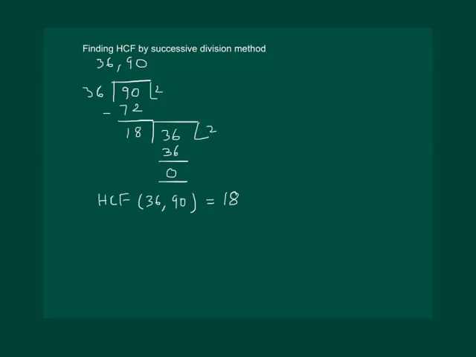Let us take another example. Suppose we have to find the HCF of 185, 407 and 333. Then also we can use long division method. We first start by finding the HCF of 185 and 407. Let us divide.